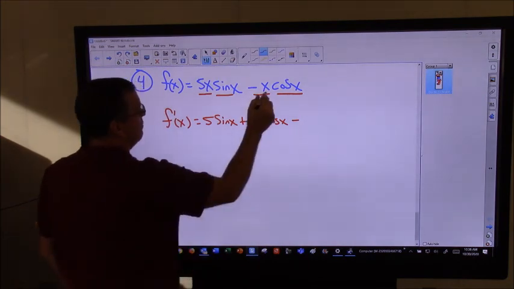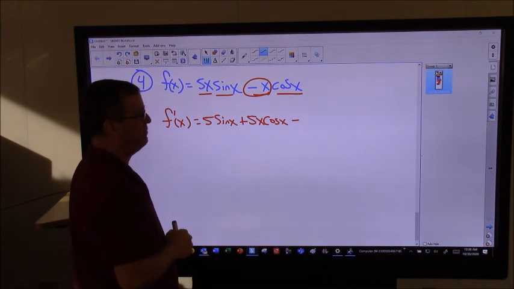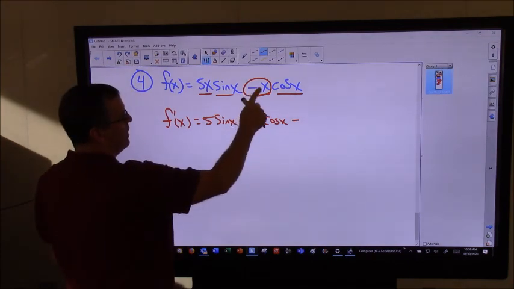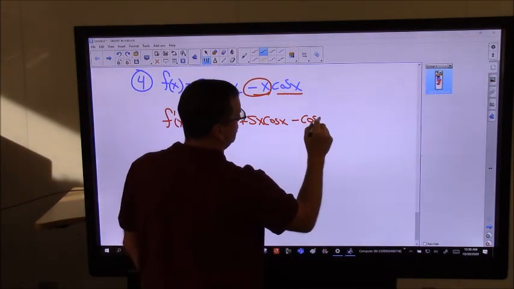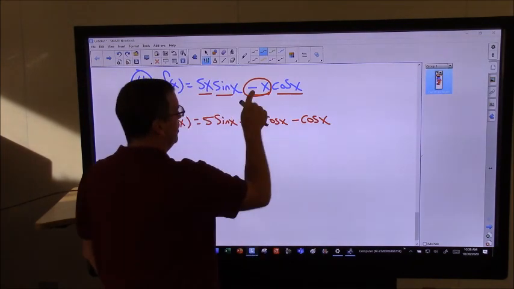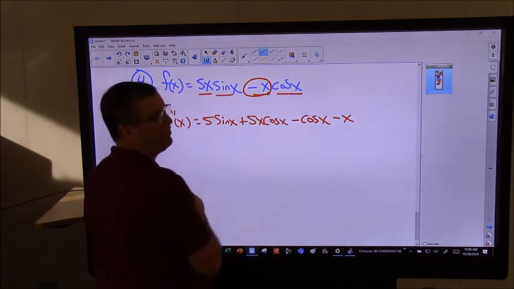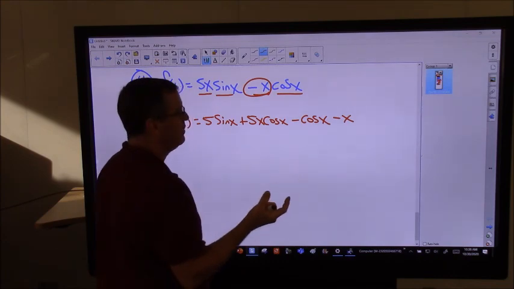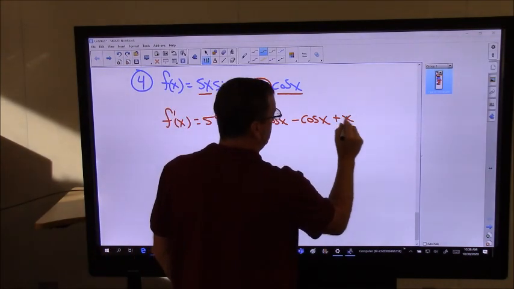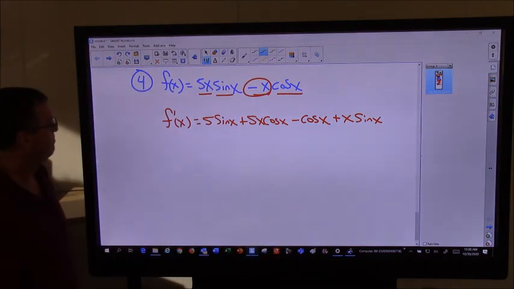And so I'm going to think of this as a negative x times a cosine of x. So the derivative of negative x would be a negative 1 times a cosine of x. And then leave the first term the way it is. And now multiply by the derivative of a cosine x, which is a negative sine. So a negative times a negative is positive. And I get that right there.